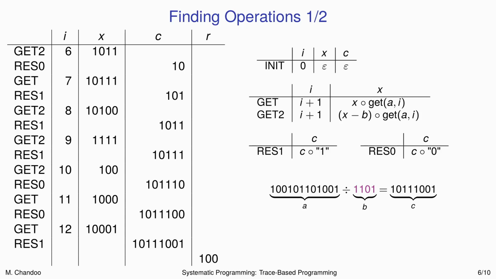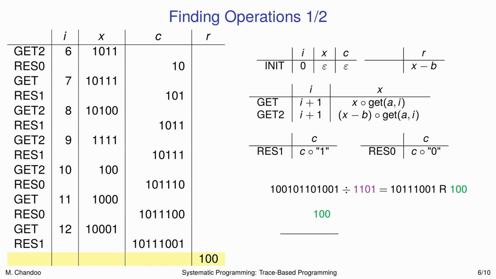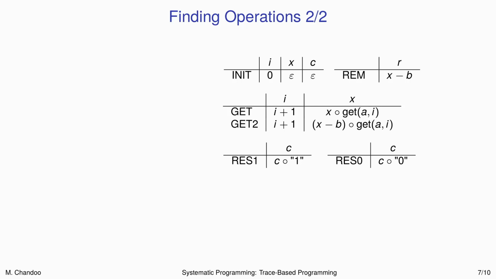And in the final row, we set the remainder to x minus b. And we call this operation rem. We found the following operations in the trace table.